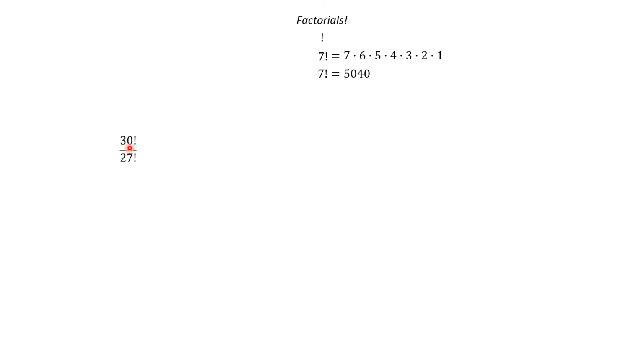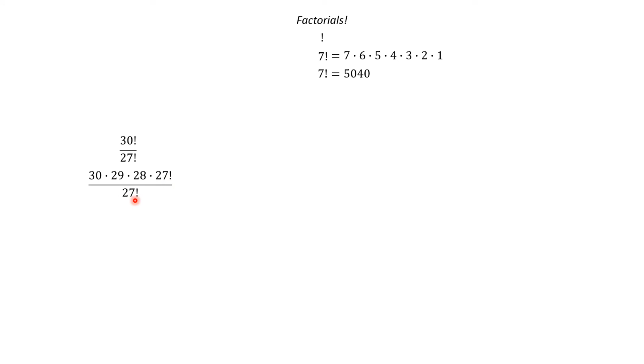We're going to expand this 30 factorial. So it's 30 times 29 times 28 times 27 times 26 times 25, etc. And the 27 factorial is 27 times 26 times 25, etc. But in 30 factorial, so that's 30 times 29 times 28 times 27, 26, 25, 24, isn't that just 27 factorial?